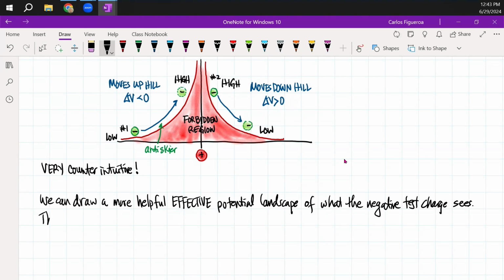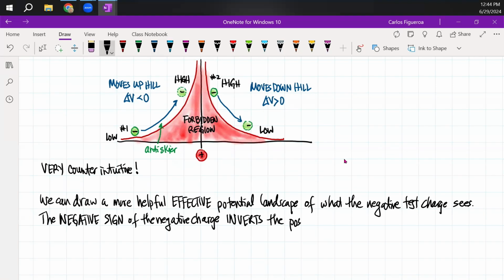The negative sign of the negative charge inverts the positive potential landscape.